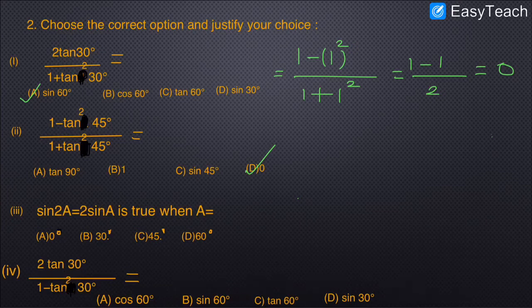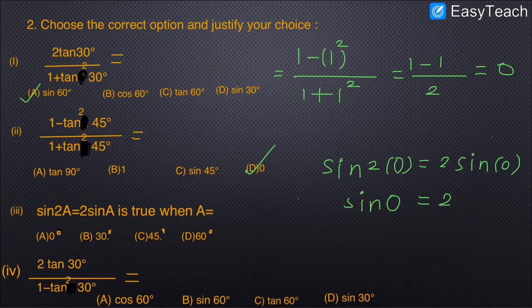To check whether this is satisfied or not, let me substitute the 0 first. So sin 2 0 equals, for a I substitute 0, so 2 sin 0. Let me check whether I get the same answers on both sides. Sin of 2 times 0 is sin 0, which is 0.